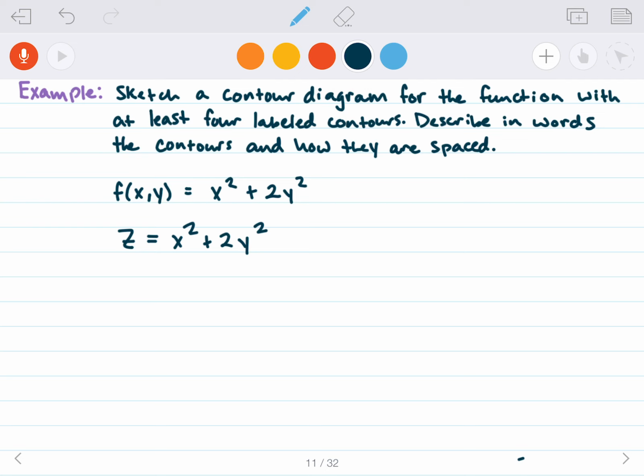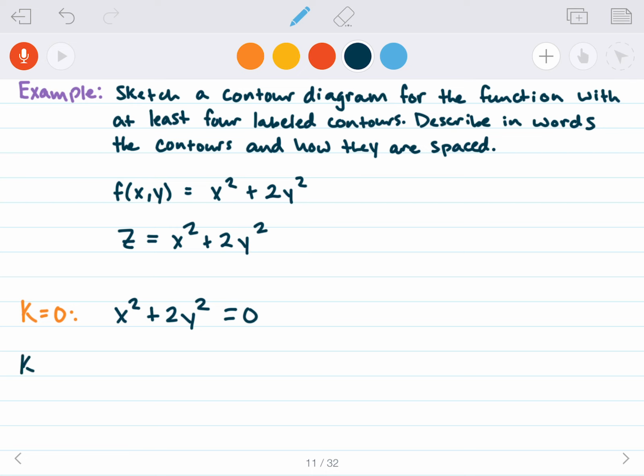If we go ahead and make some contours, I can start at k equals 0 first. Remember, I'm just subbing in each of these k's for Z. So when k equals 0, we have 0 equals x squared plus 2y squared. I'm going to flip it around so that it looks a little more standardized. So we have this, k equals 0.